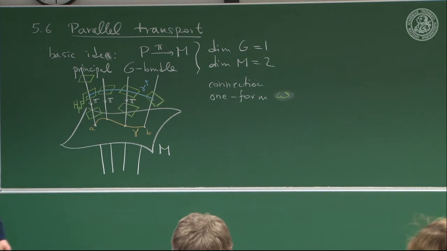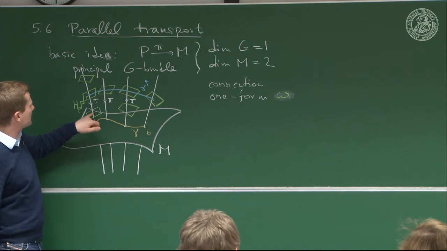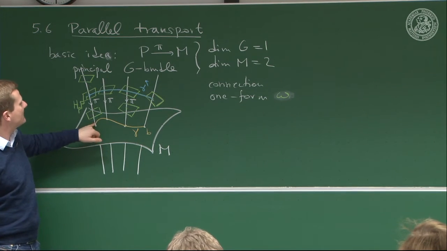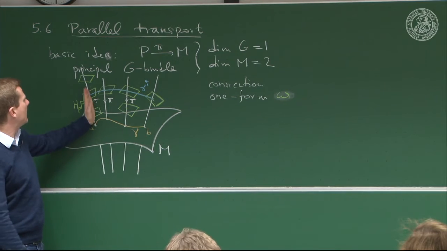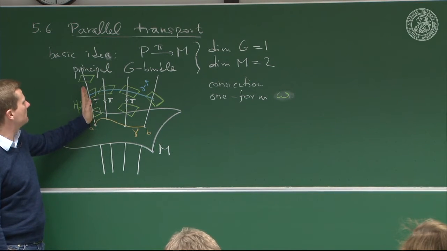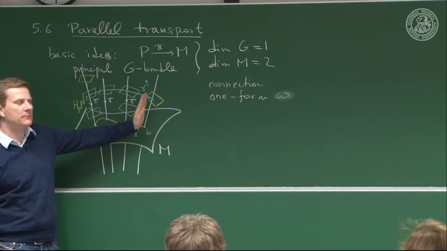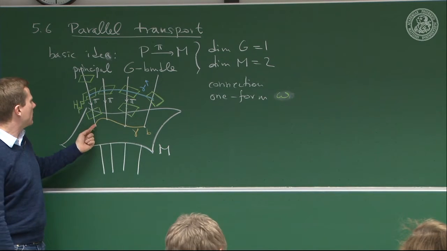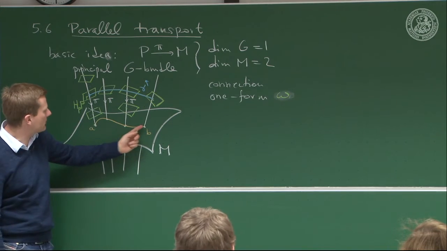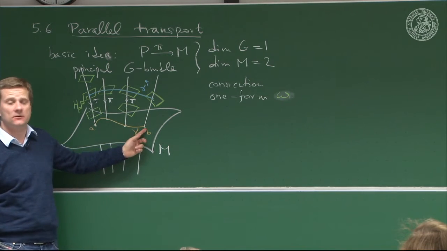The idea will be that, of course, I can do this now for every point in a fiber, and this way, given a curve, I'll get an isomorphism between all the fibers along whose base points the curve passes. Okay?